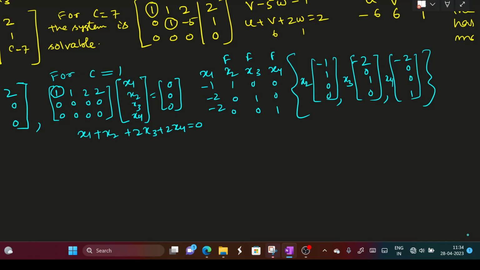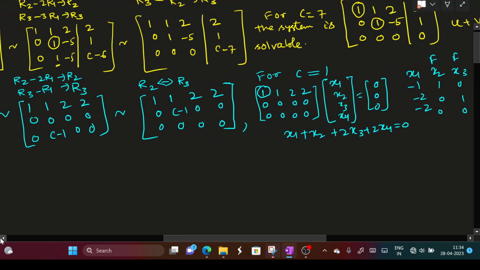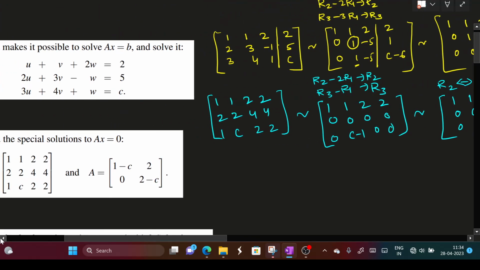So this is my set of solutions. If we are not multiplying by x2, x3, x4, then also it is okay. If you are multiplying, it is better because it is giving more information. Anything else is there?